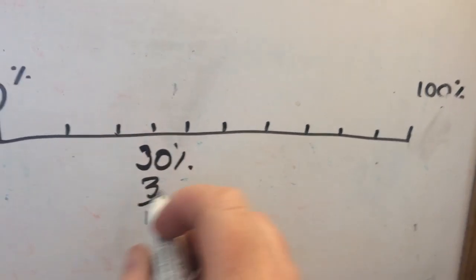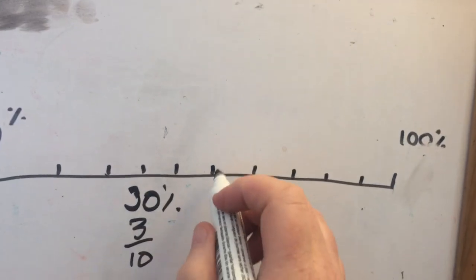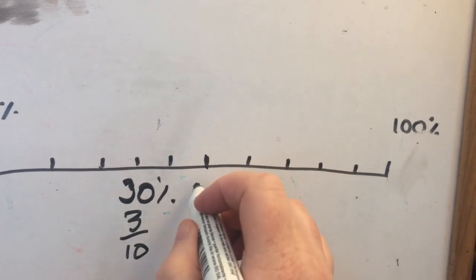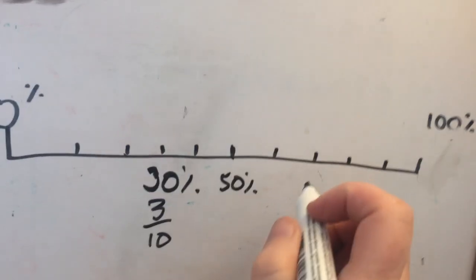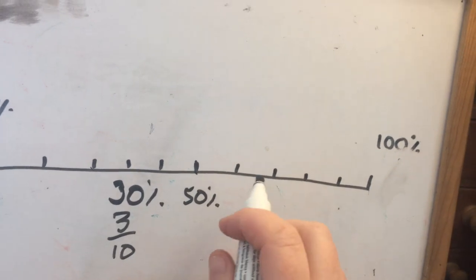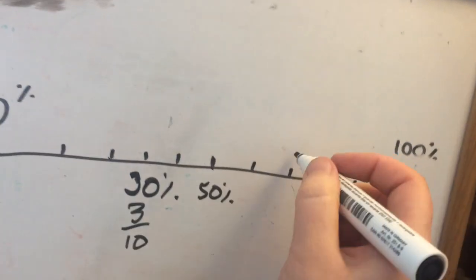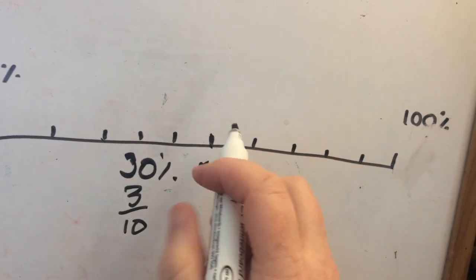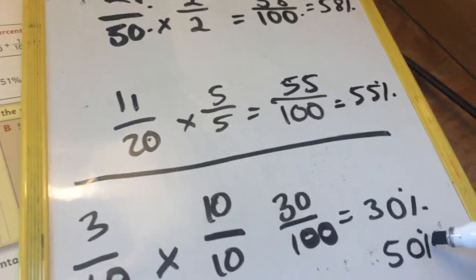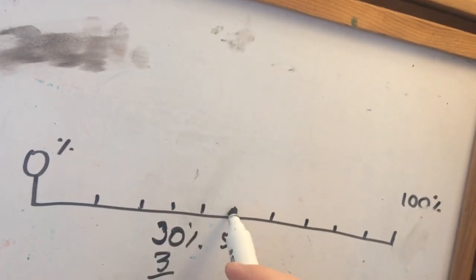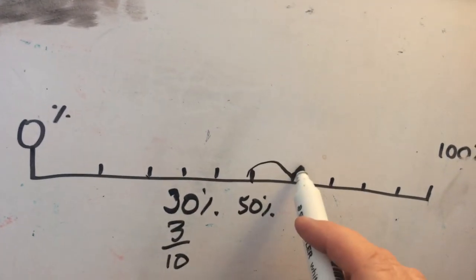The next answer we had was 50%. So we know it's 50%. The next one was 70%. So we had 30, 50, 90, and 70. So 70% is next. So 50, 60, 70.